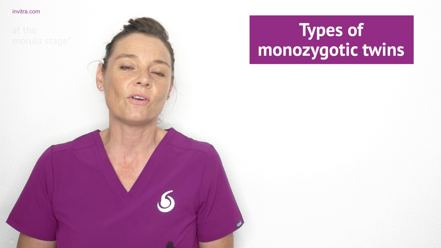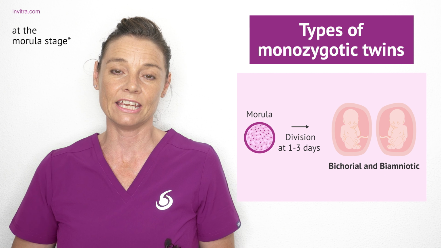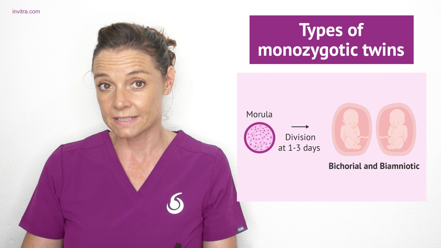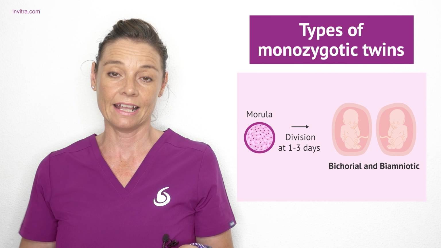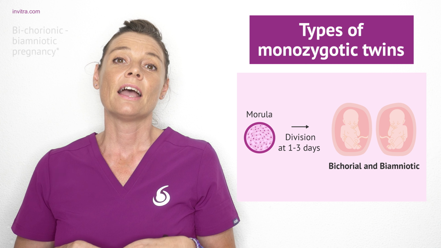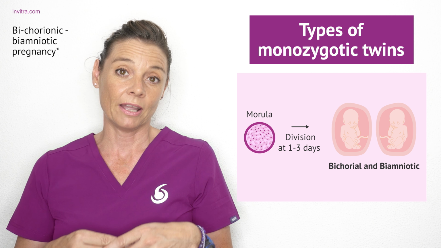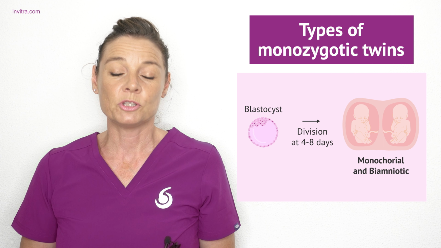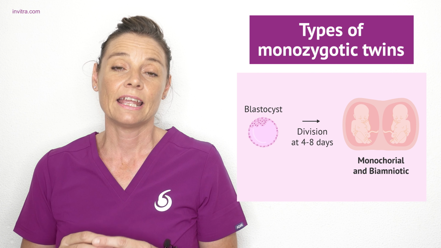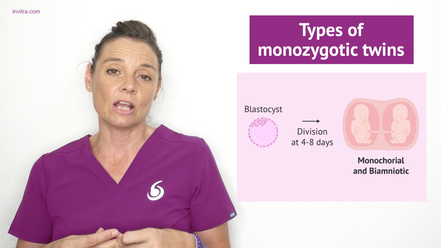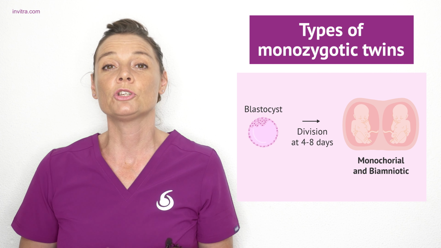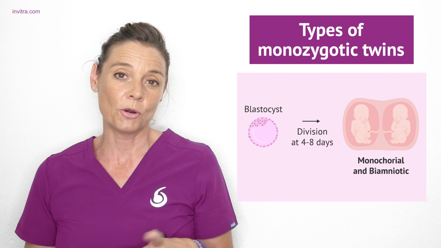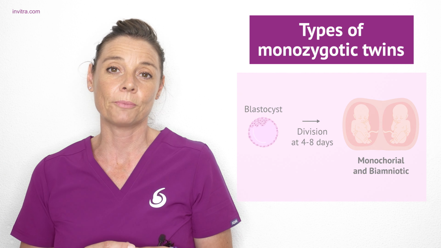If the embryo divides early at the blastocyst stage, it is likely that each embryo will then go on to form its own placenta and its own embryonic sac, the technical term being bichorionic pregnancy. If the embryo splits a little bit later, between days 4 and 8, each embryo will develop its own amniotic sac, but will share a placenta. Hence the technical term monochorionic biamniotic pregnancy.